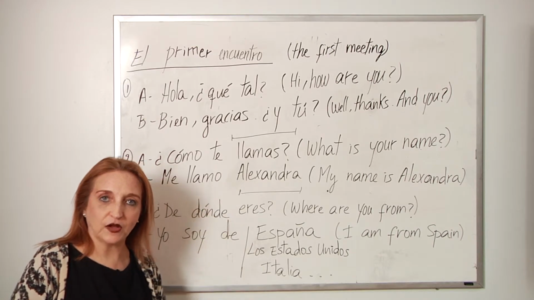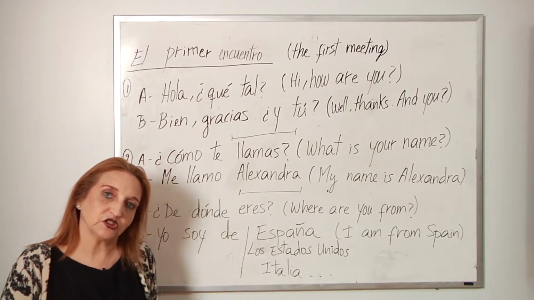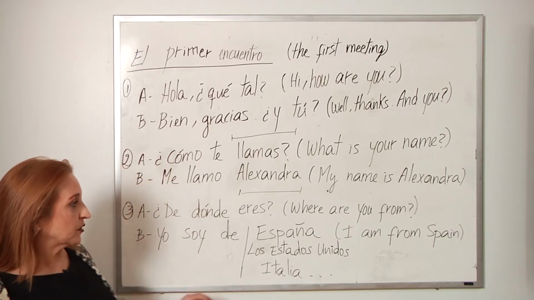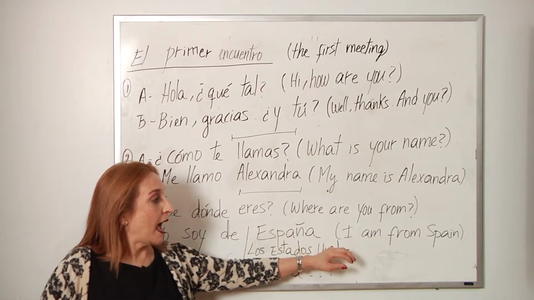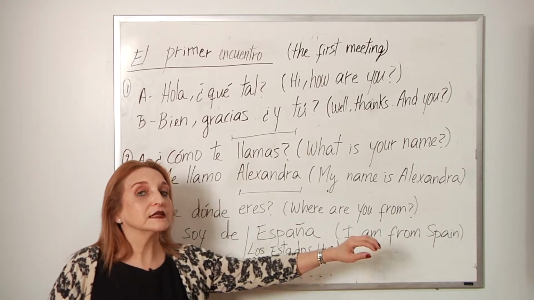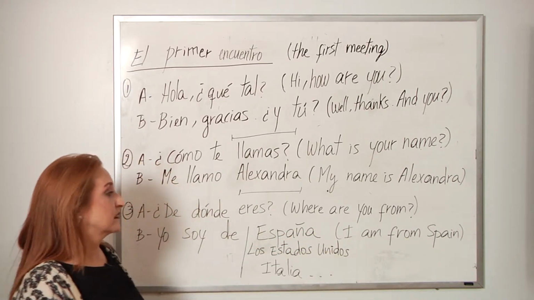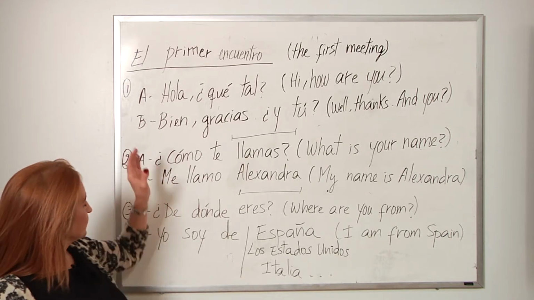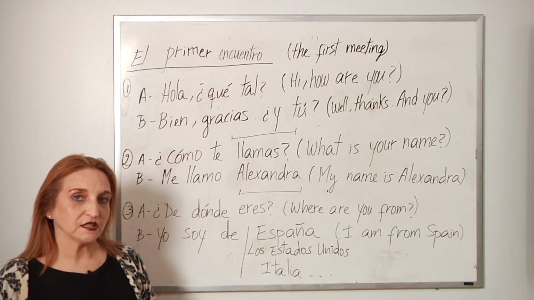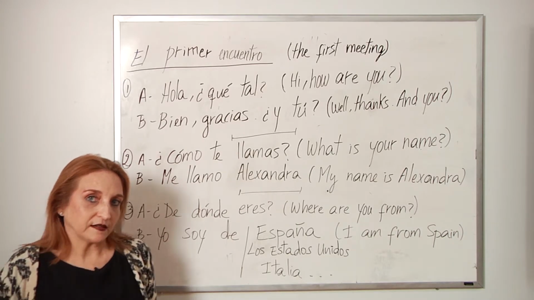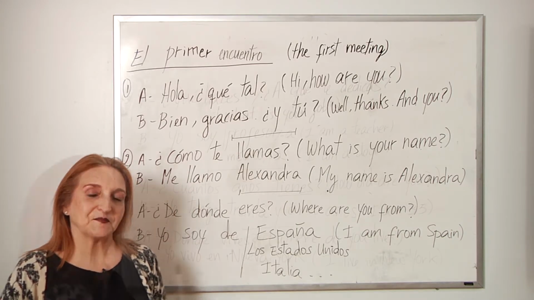Depends on your country. Normally you say the country, not the city, okay? But the most important, I am from. Yo soy de España. I am from Spain. Okay, these are 3 basic questions that can help a lot, especially when you are a little shy or you don't know what to say.